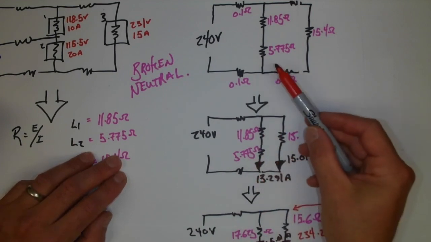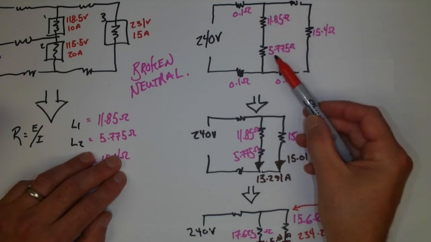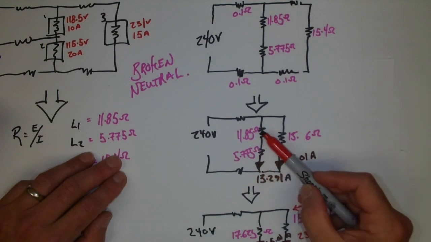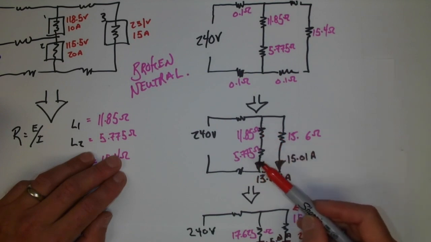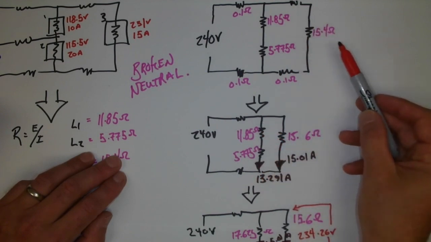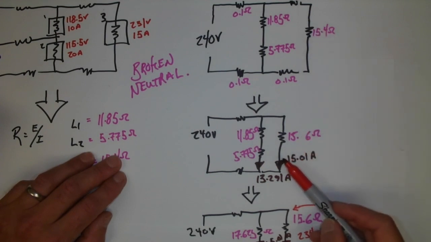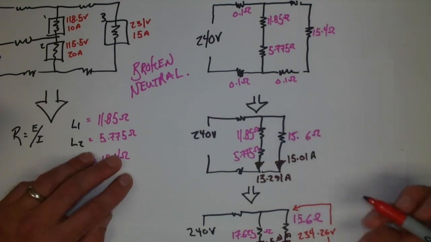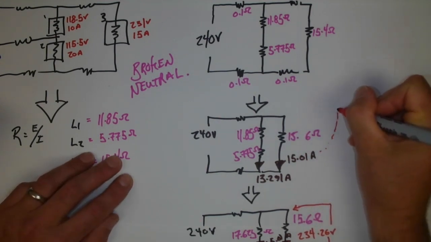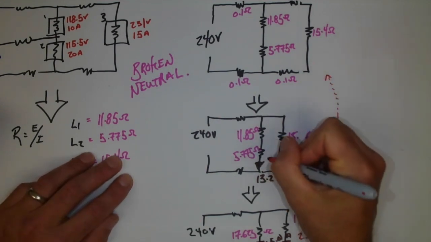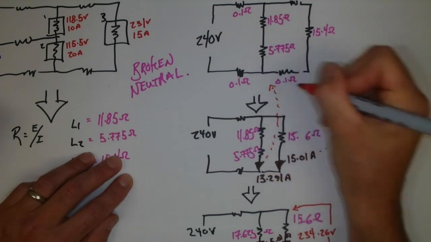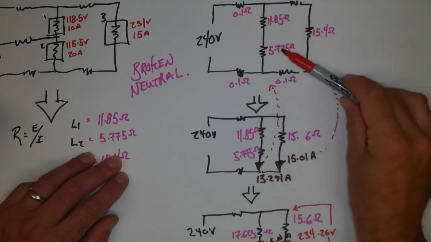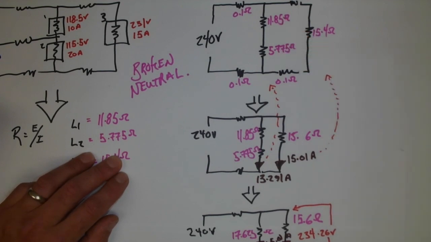So if I want to work out the voltage across these two loads here, I need to use the current that flows through these two, right? If I want to work out the voltage across this one, I need to use the current that's flowing through this series branch. So I utilize the current to get my final answers up here.